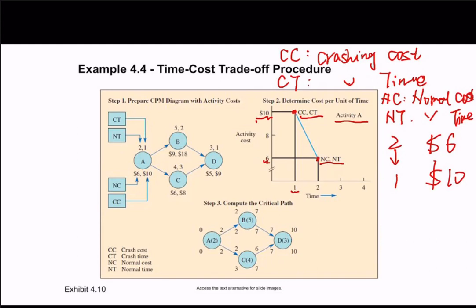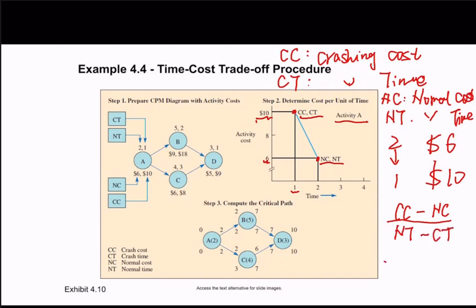What does that mean? If we want to know the cost per unit of time, we just need to know the slope of this linear line. So we use CC minus NC divided by NT minus CT.